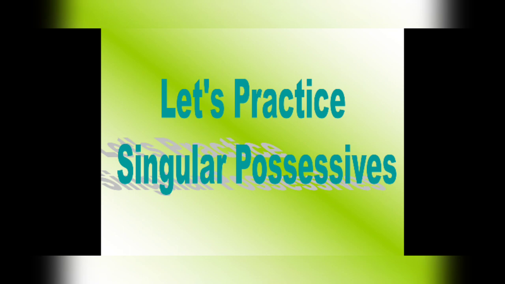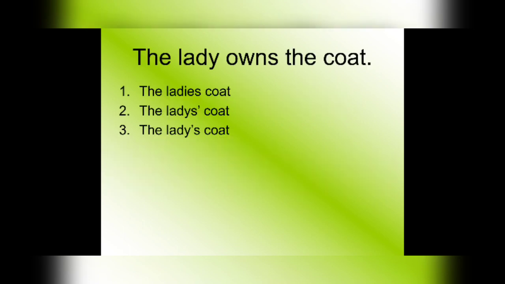Very good. So let's practice now for the singular possessive. Keep your pen and pencil ready with the notebook. The lady owns the coat. So now here guess which is the right answer. Write down your answer.